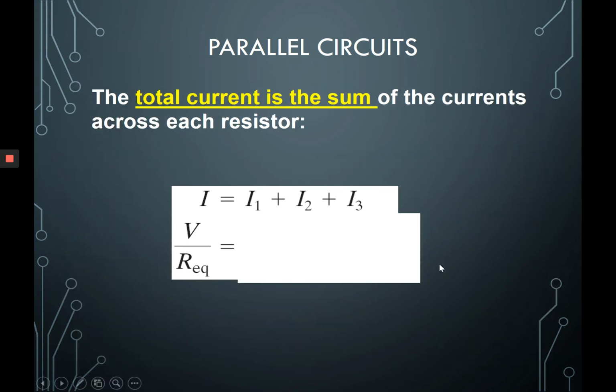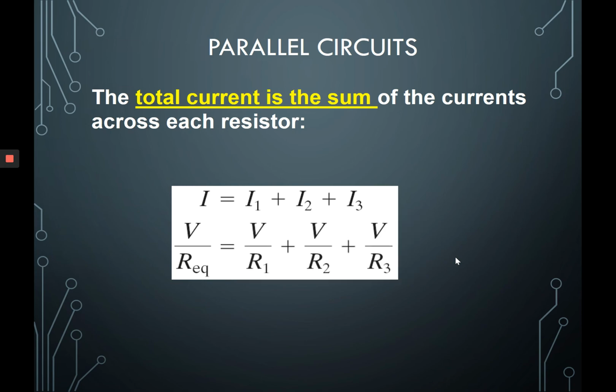So if the current adds up and V equals IR, if I solve V equals IR for I, I get V over R. Now I'm going to replace each of these currents with V over R. Now remember, the voltages are equal. So if the voltages are equal and they're in every single term, what can I do?